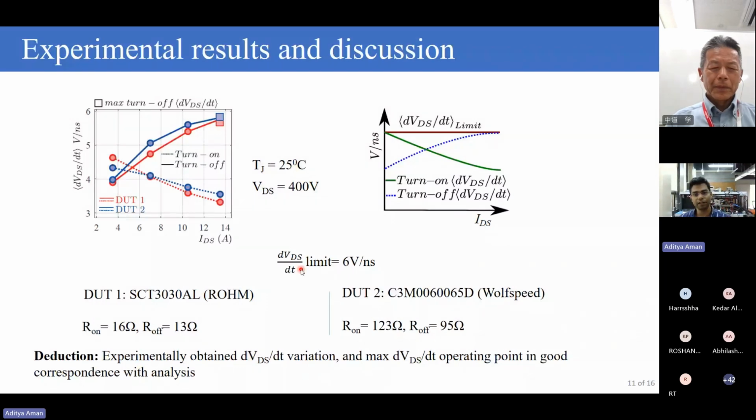We desire to limit the dV by dt to under 6 volt per nanosecond, and for the same, we have determined the values of R on and R off for both these devices. And we observe that the maximum dV by dt gets limited to under 6 volt per nanosecond. So basically, it is meeting our set criterion, right? We also see that the nature of the graph obtained experimentally is very similar to the graph we had analytically derived. So it is showing a good correspondence with our analysis.